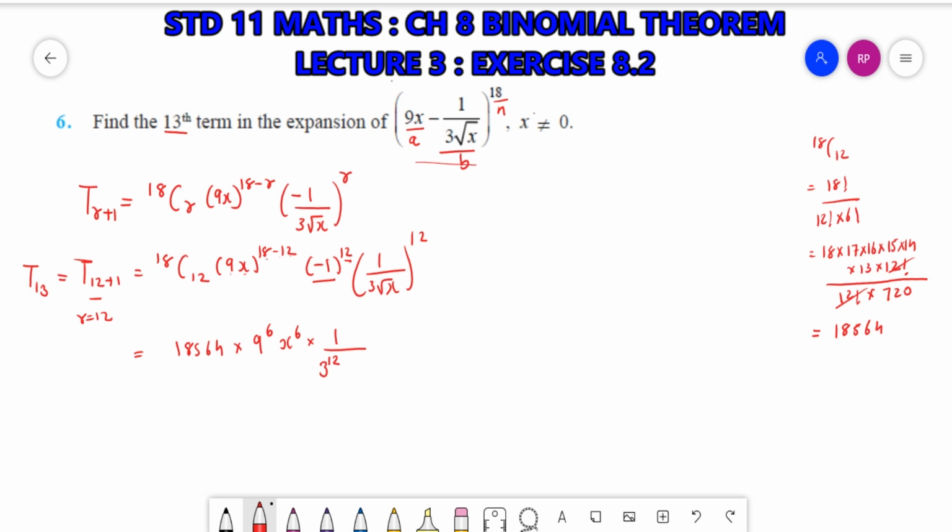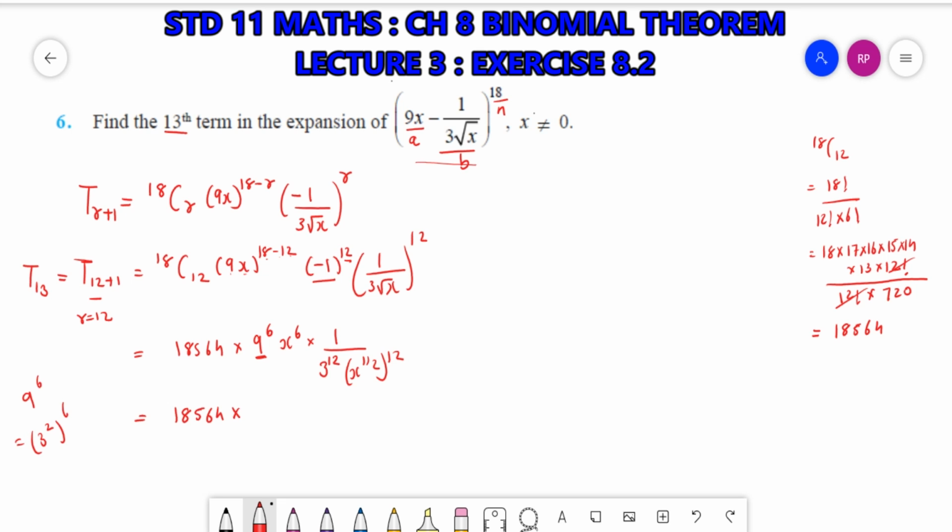Okay, and root x means x raised to 1 by 2 and whole raised to 12. So 18564. Now we know 9 is equal to 3 square, right?